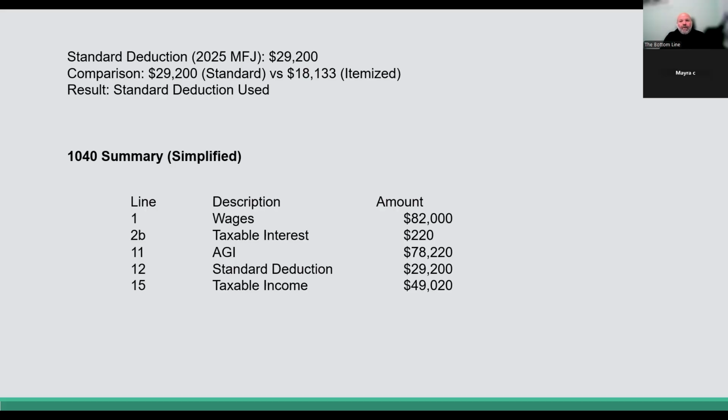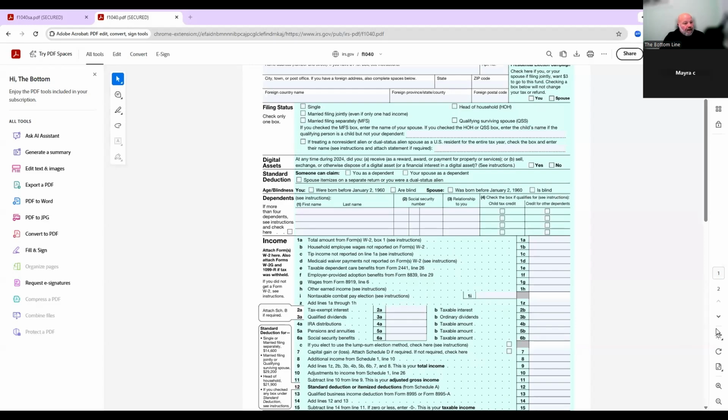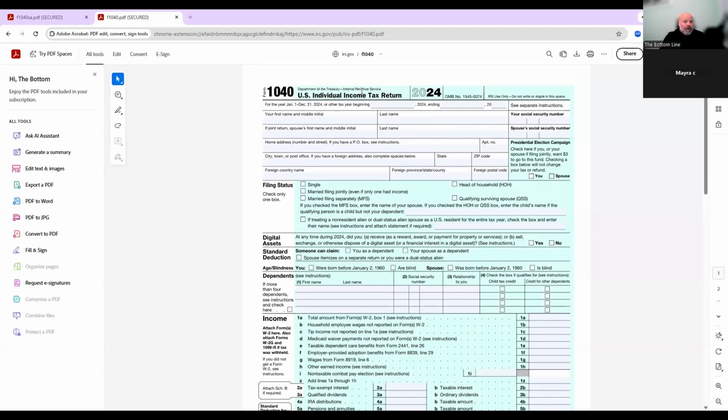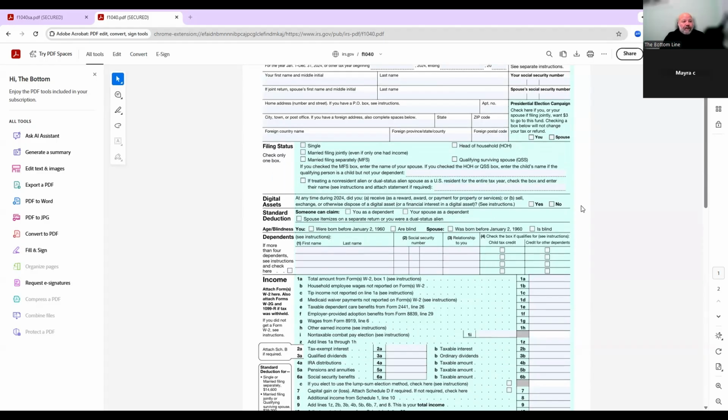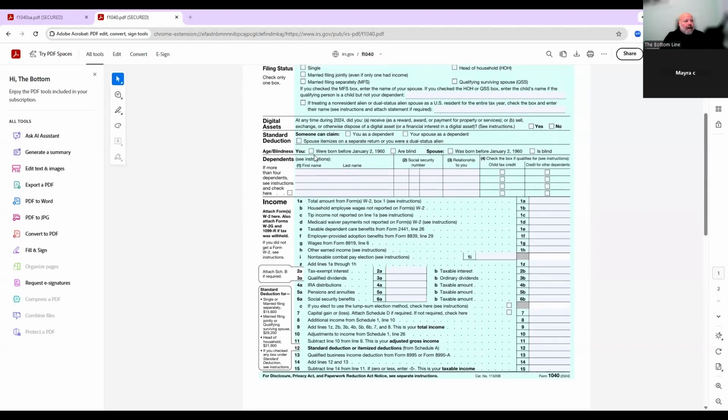So I'm going to share with you now the 1040. I want to show you what we've learned so far, a little review. We've learned how to fill out our name, social security number, filing statuses, what they were, and digital assets. And then this is going to help figure out our standard deduction.